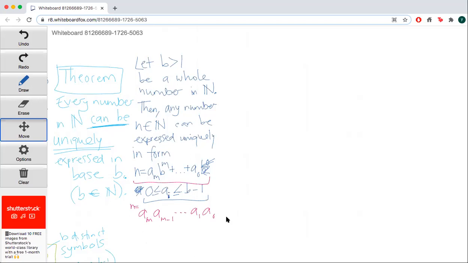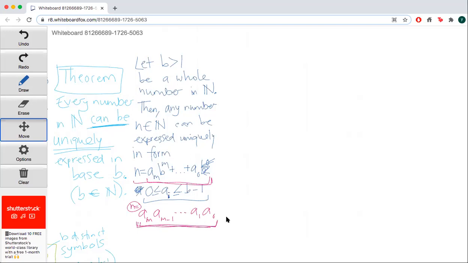If you consider these as digits making a number, then this is equal to n, but this is also equal to n because that's the expanded form. The theorem says that this sequence of digits is the only sequence of digits that you can use to express our number n. That might seem obvious to you, especially because we're used to base 10, but it requires a little bit of proving.